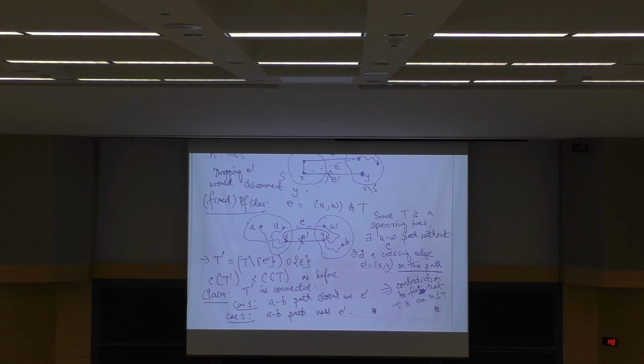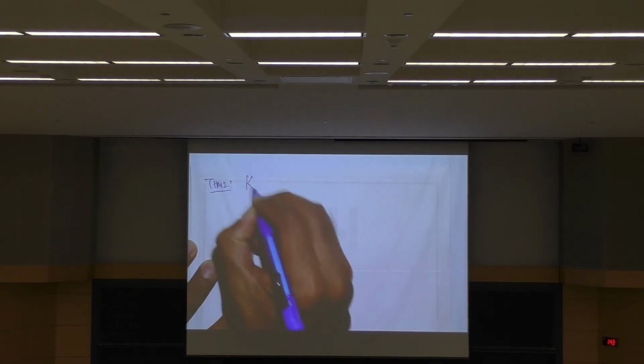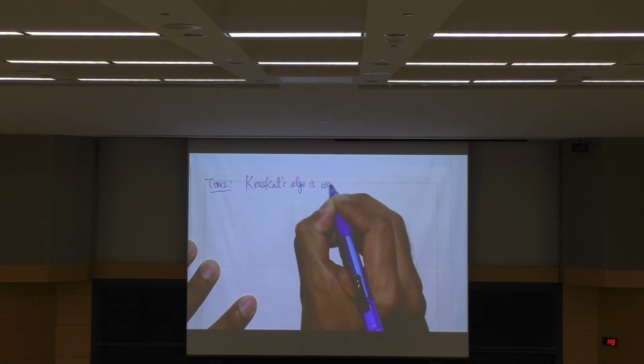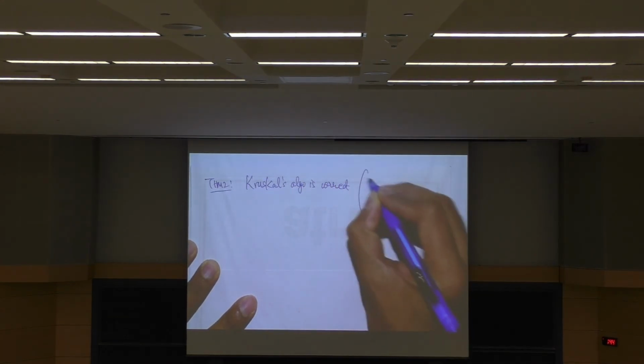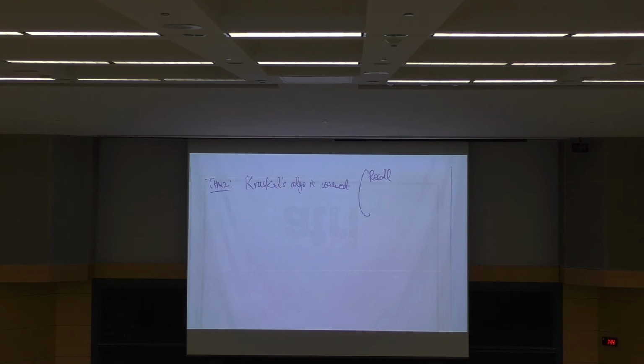All right, so what we're going to do next is, now that we have proved the cut property lemma, we're going to argue that Kruskal's algorithm is correct. As a quick reminder, this is the algorithm that goes in increasing order of cost of the edges and adds them if and only if adding it doesn't introduce a cycle.